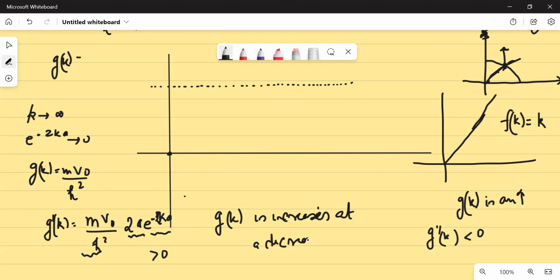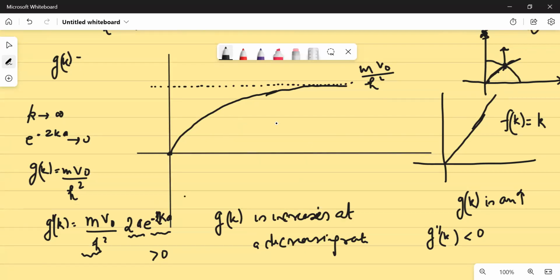It starts from 0 and tries to approach mV0 upon h square asymptotically. I'm not saying it will merge; it will never merge anywhere. It will try to be as close as possible. So it asymptotes to this particular value, mV0 upon h square. I hope it is clear.